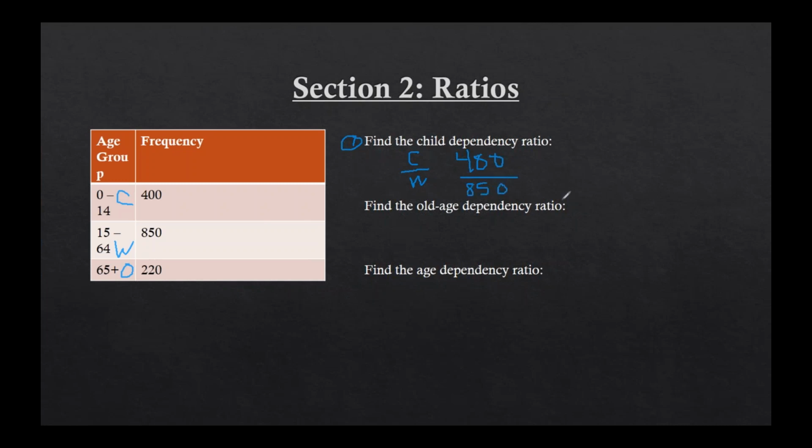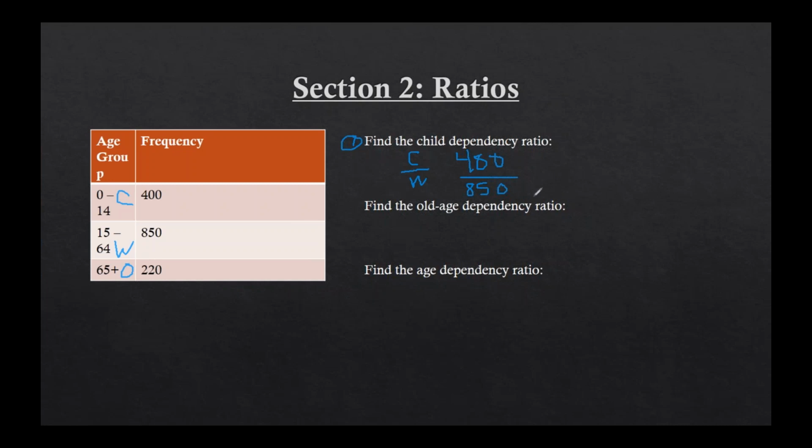Now, I don't know about you guys, but I would rather take a nail and drive it under my fingernail than reduce fractions, right? And I'm a math geek, and I just despise reducing fractions. It doesn't make me happy. So I don't want to reduce this. But with these numbers, 400 and 850 are not super large numbers, but they're large enough that this becomes a meaningless fraction.